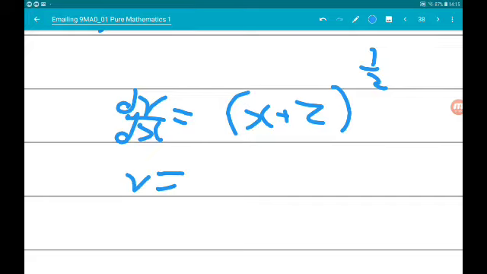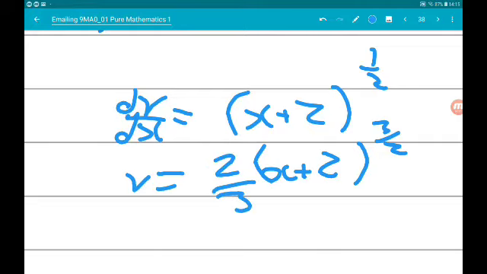Now it's nice, there's nothing attached to the x, so we're just going to get x add 2 to the power of 3/2, and then divided by 3/2, so times 2/3. Now, if you're not sure with these, you can always check by differentiating and making sure we go back to what we had for dv by dx.